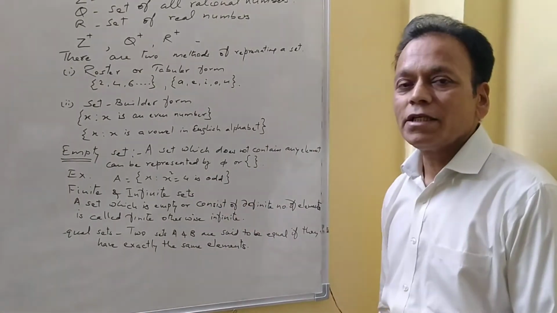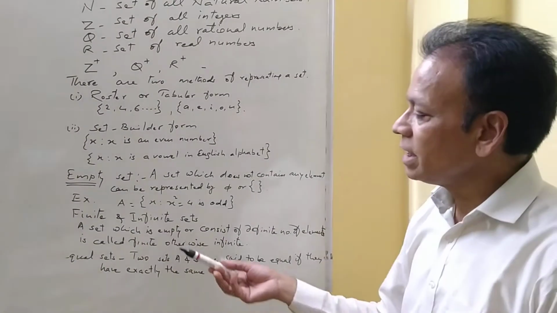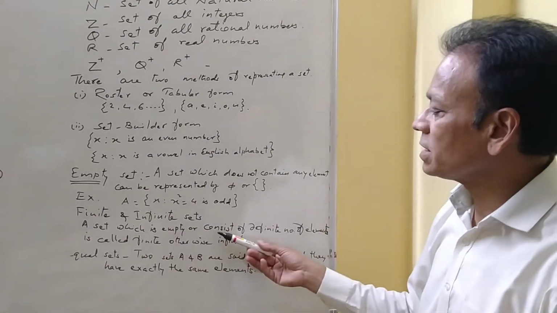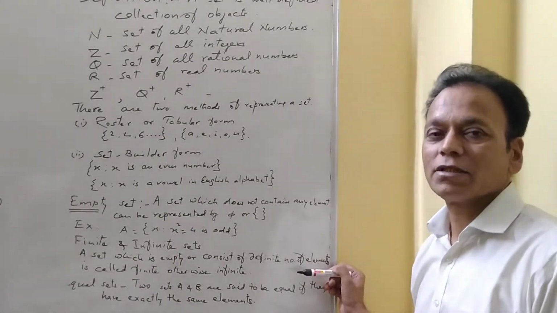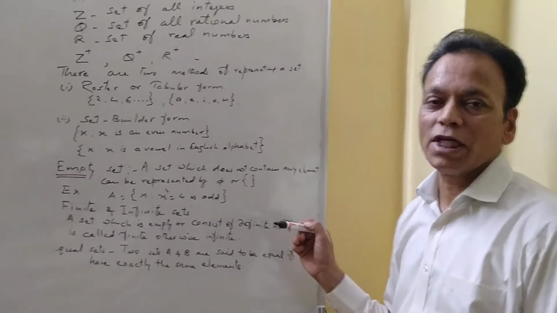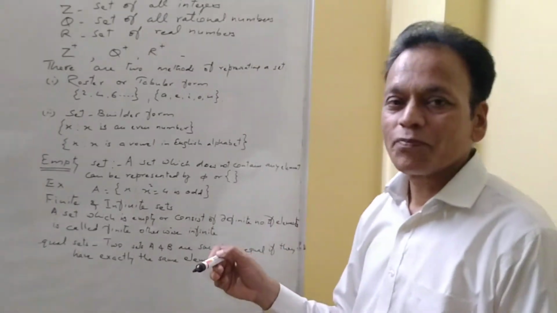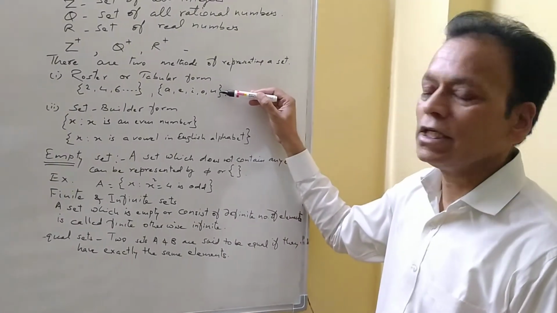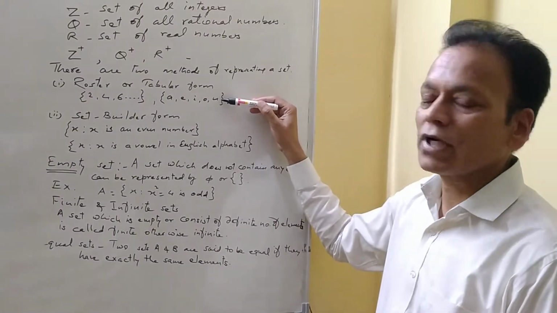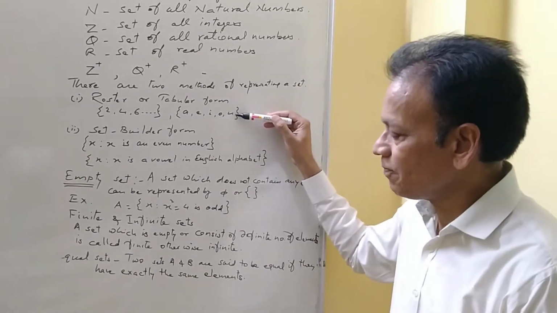Another type is finite and infinite sets. You know the meaning of a finite set: a set which is empty or consists of a definite number of elements. You can see this example A, E, I, O, U. Only these 5 elements are there, so this is an example of a finite set.